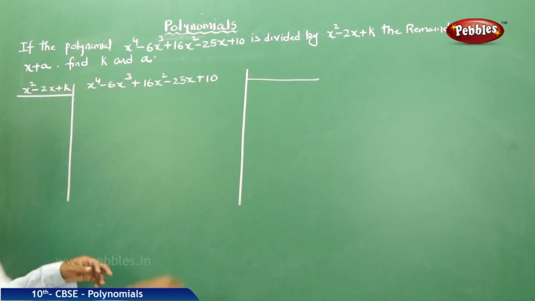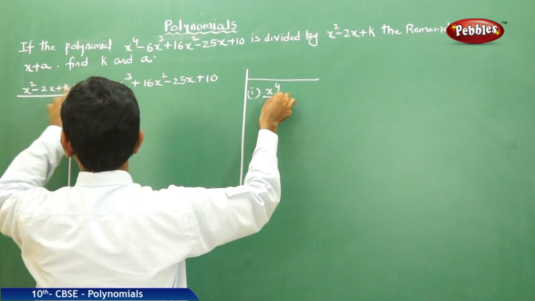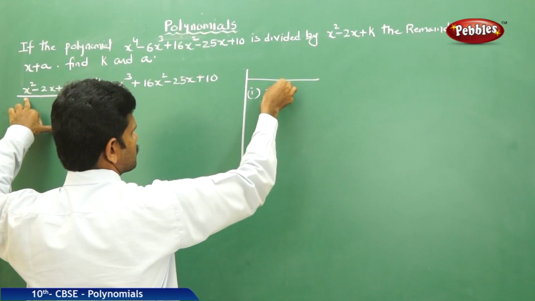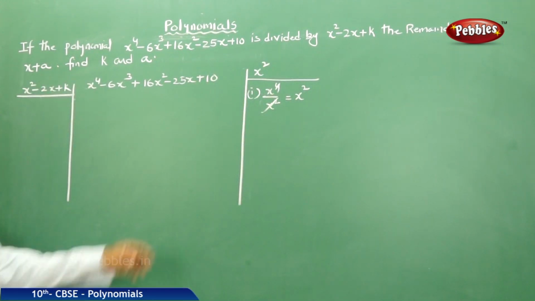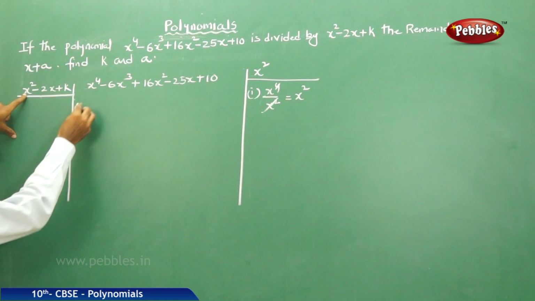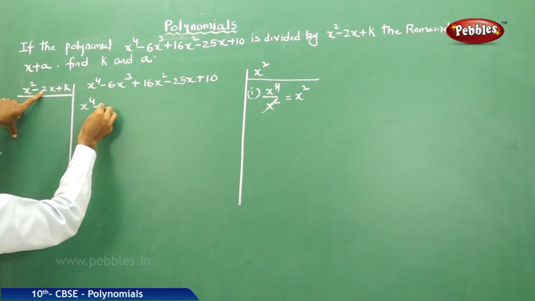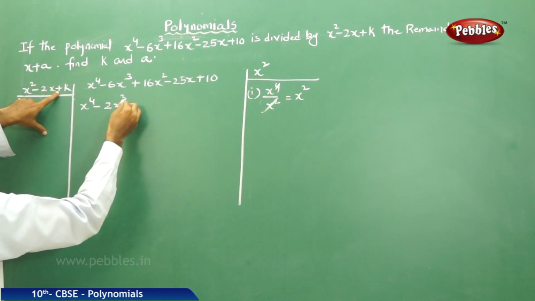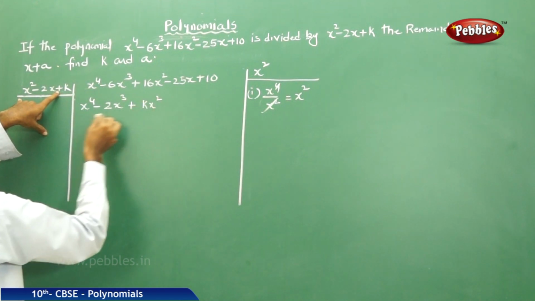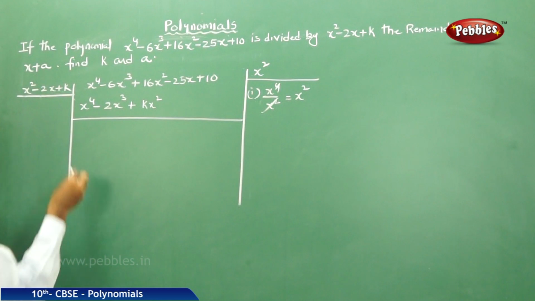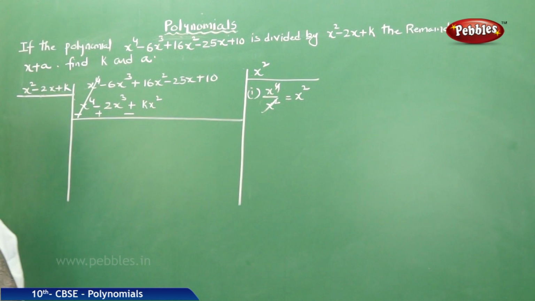Now our first part, first cancellation: x^4 by x^2 cancels, x^2 is left. Now x^2 into x^2 is x^4, x^2 into -2x is -2x^3, and x^2 into k is kx^2. Now the first part is over. Change the signs, minus plus minus, both the parts are cancelled.